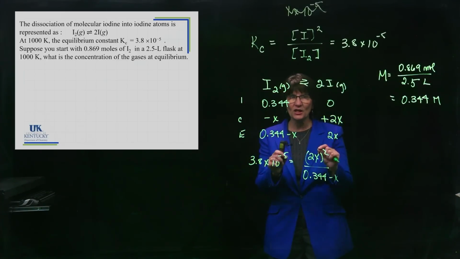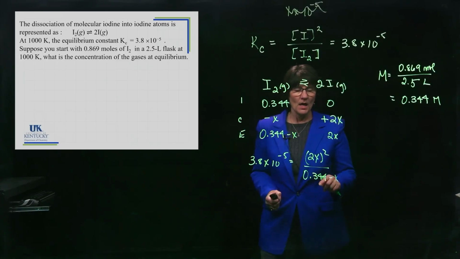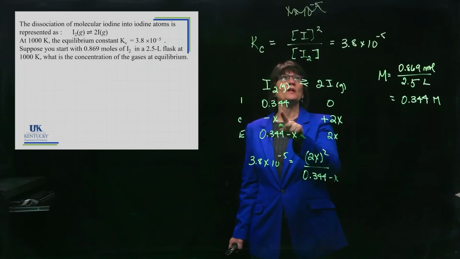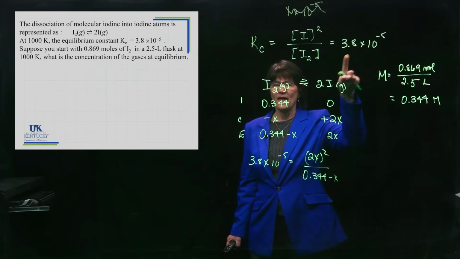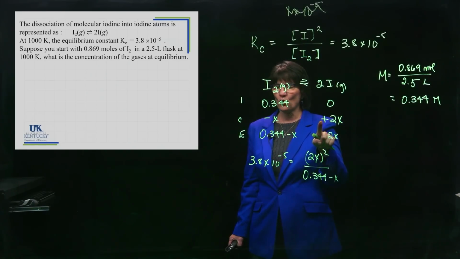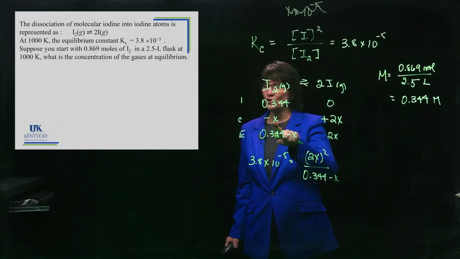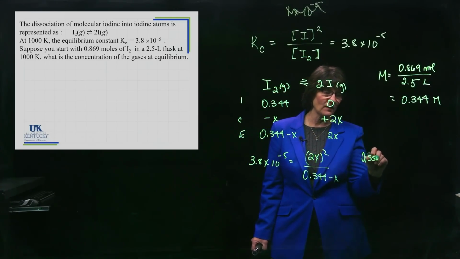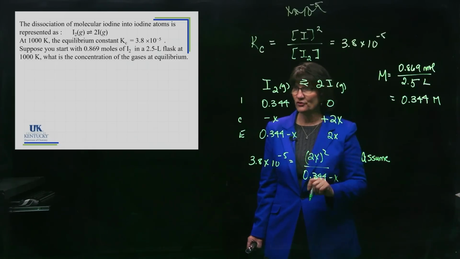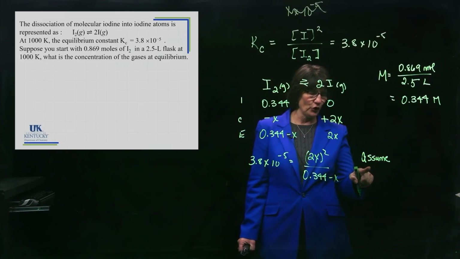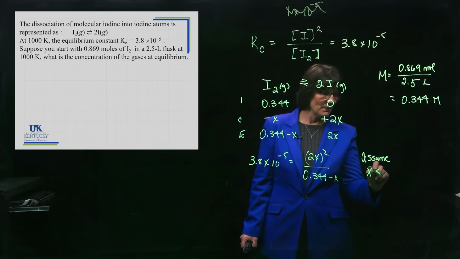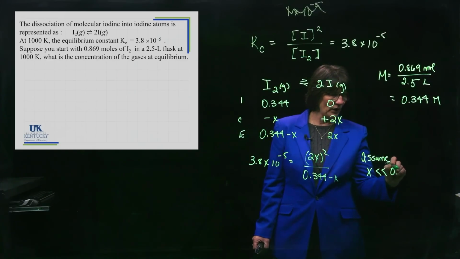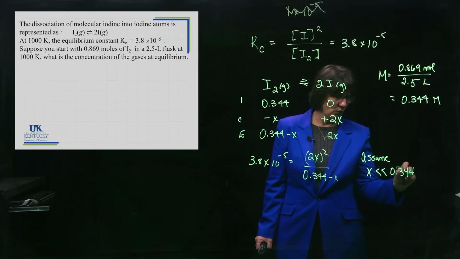And here is where the trick comes. It is a legitimate thing to do. If we think about this equilibrium and the very small K, that means not much product is formed, and very little of I2 gets used up. So we're going to make an assumption. We're going to check this assumption and make sure it's not bogus. We are going to assume that x is much, much smaller than 0.344.